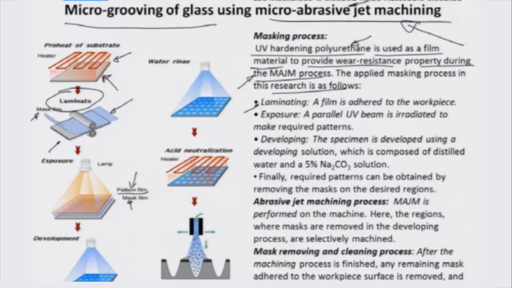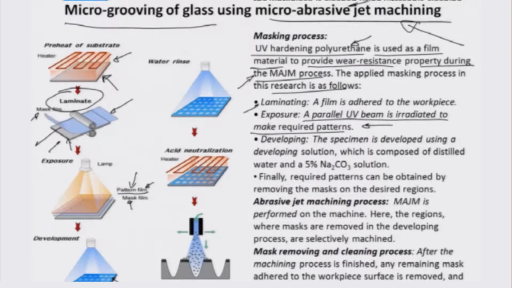What this ensures is that because of this lamination there is a perfect alignment between the mask film and the surface on the top of it. Essentially a parallel UV beam is irradiated over the pattern film to make an identical kind of feature exposed on the mask film which is underneath it.